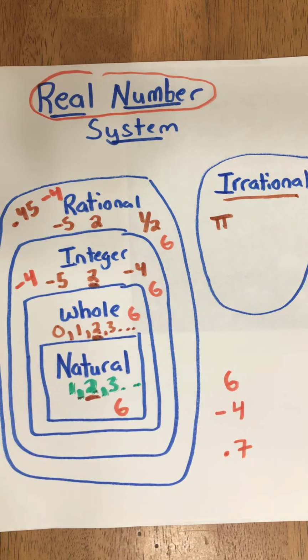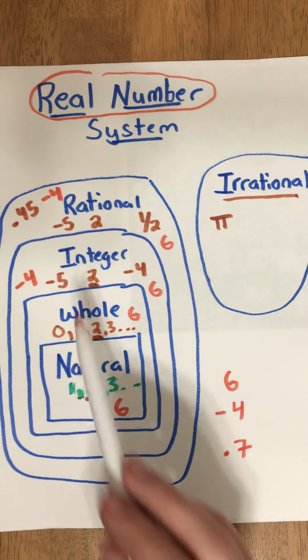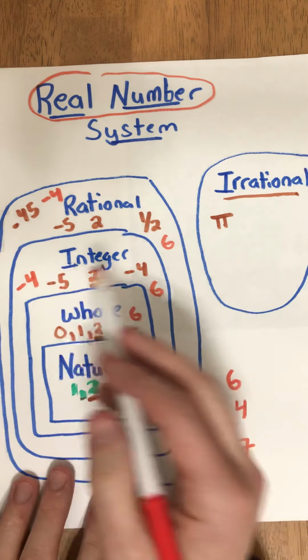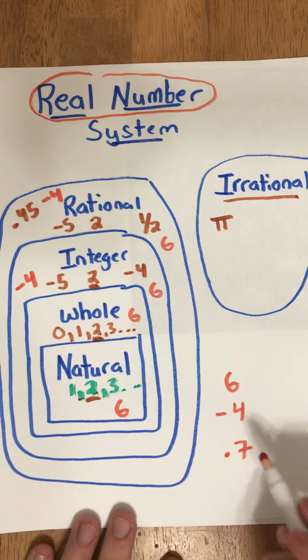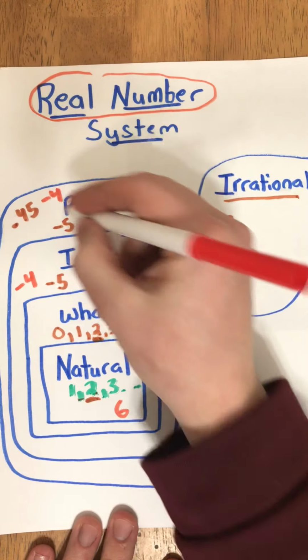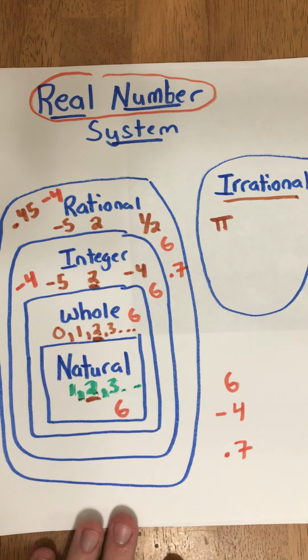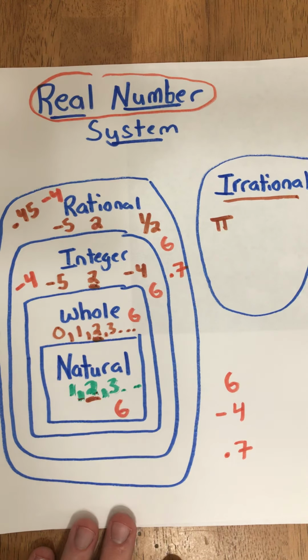Is it a whole number? No. Also, not a number like 0, 1, 2, 3, etc. Integers can be negative or positive, but they must be whole numbers. They cannot be fractions or decimals. So 0.7 is a decimal. That is a rational number. It's a decimal that stops. So it's rational, and we could also say that it's real.